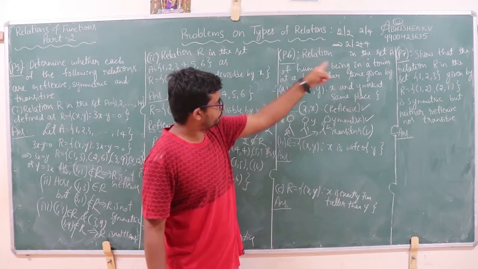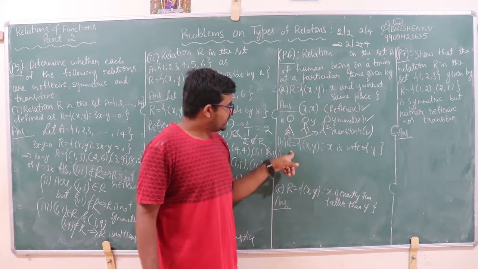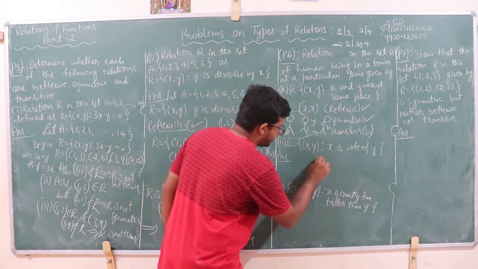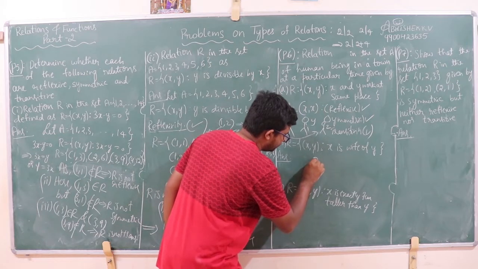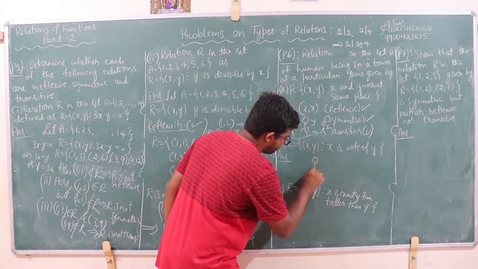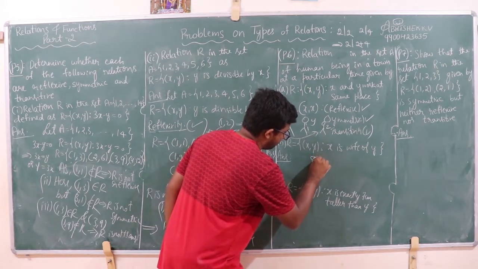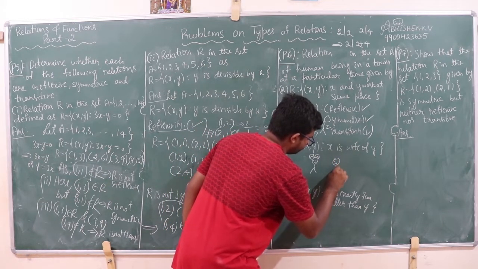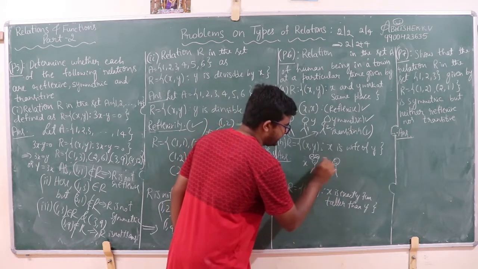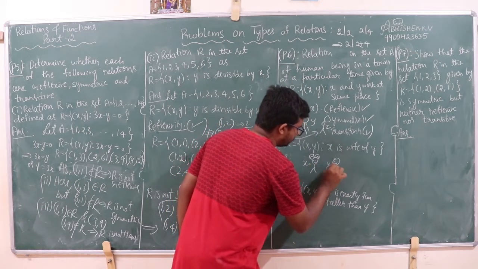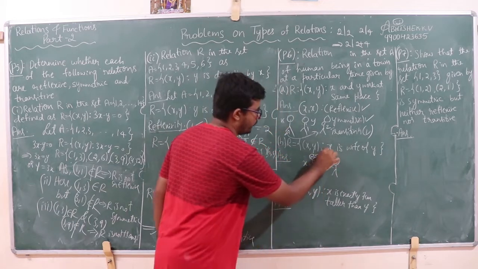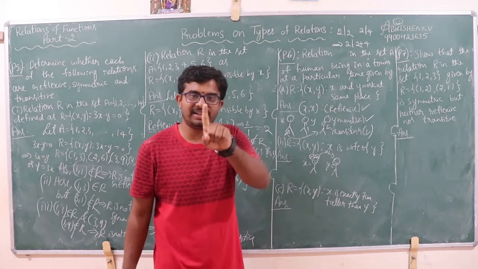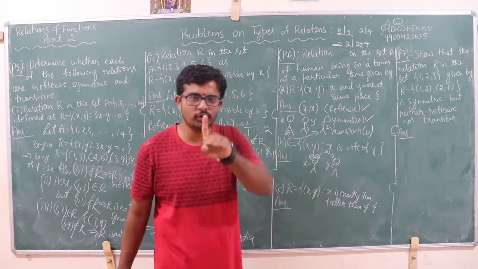For the same set of human beings, relation R: x and y, x is a wife of y. For reflexivity, we need to consider only one element, that is only one human being.